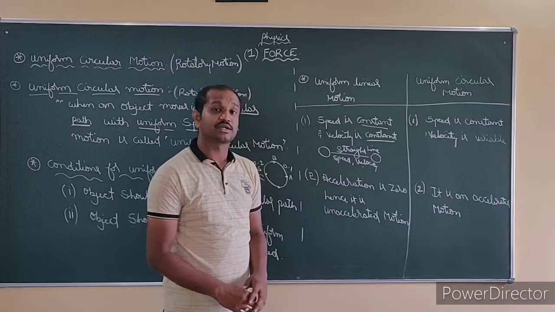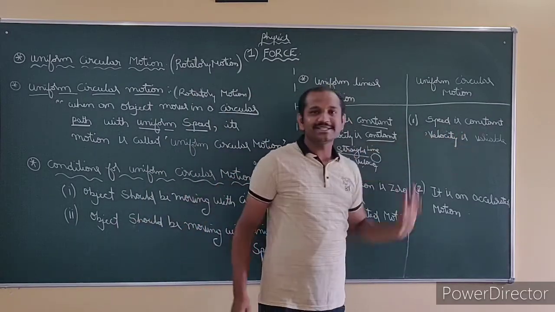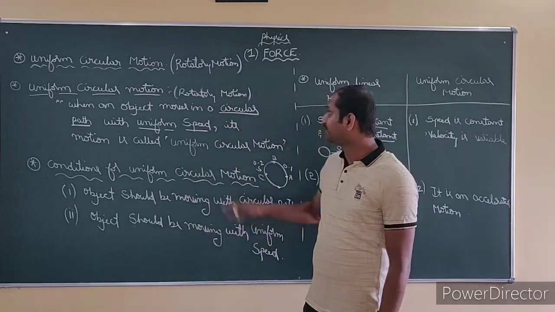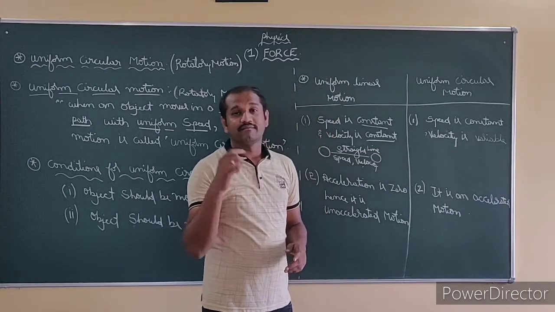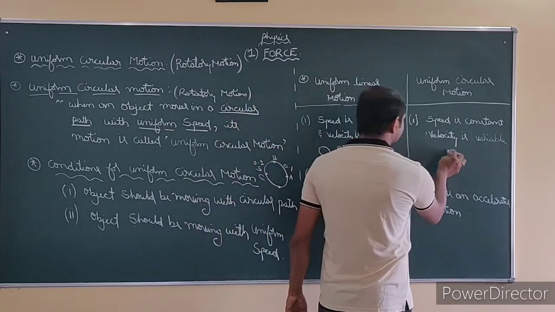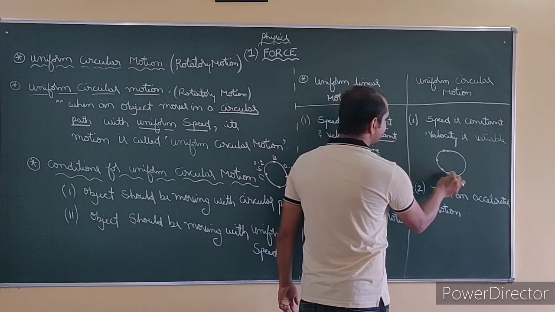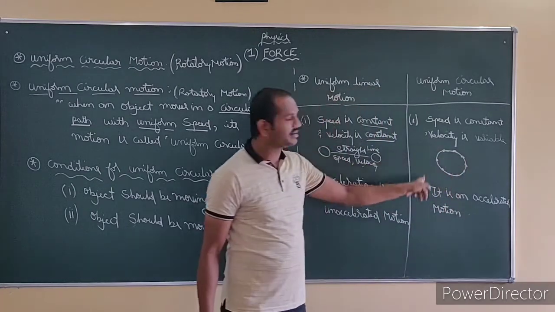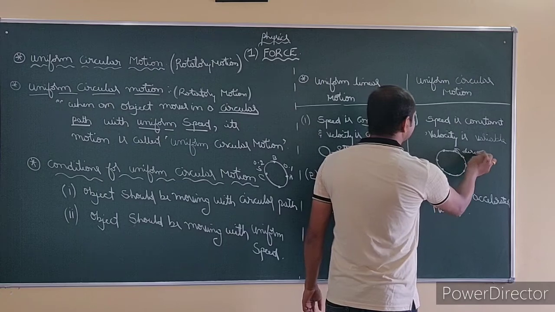But what about uniform circular motion? In a uniform circular motion we have already seen speed is constant. Speed never changes. That is what we call uniform circular motion. But what changes? Velocity changes. Why does the velocity change? In a uniform circular motion, at each and every place, at each and every part, the direction keeps on changing.